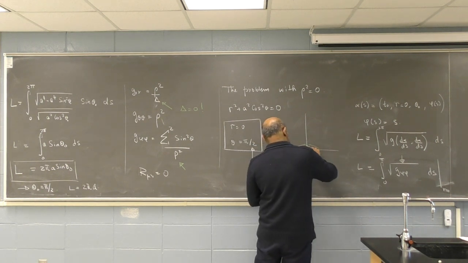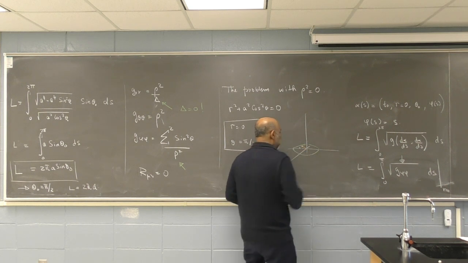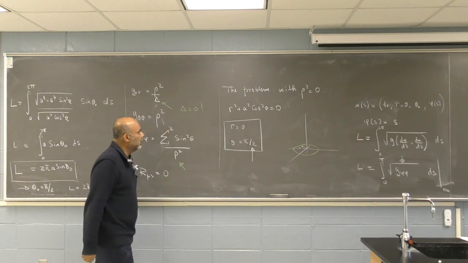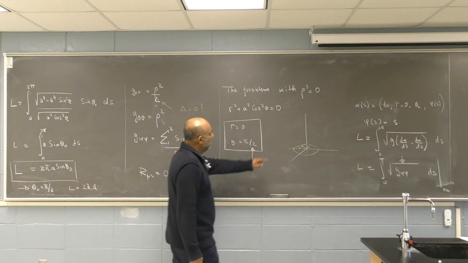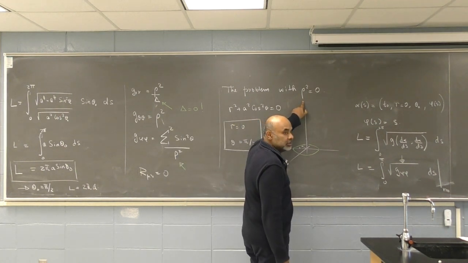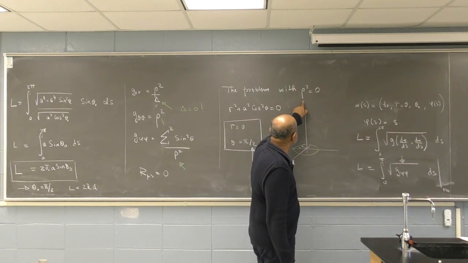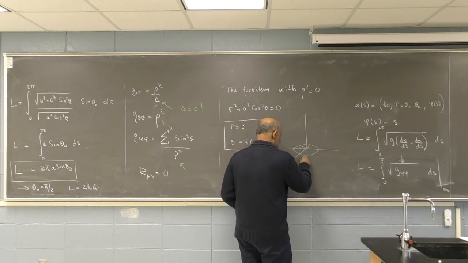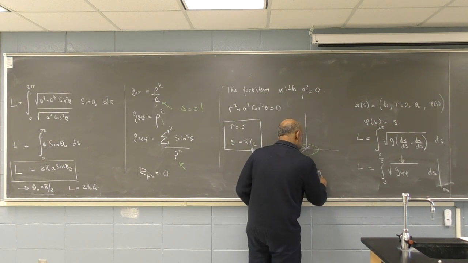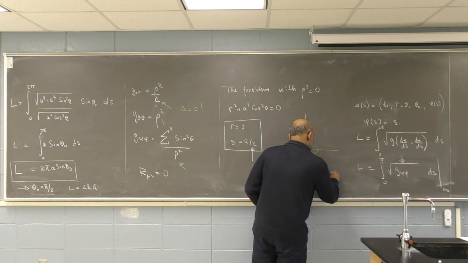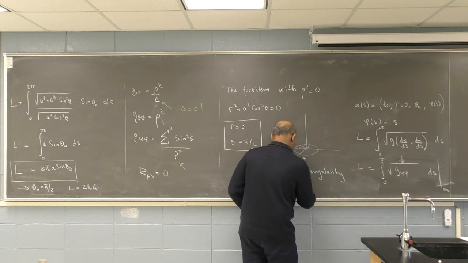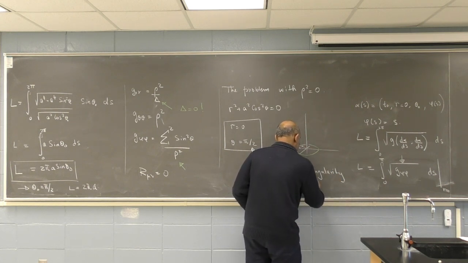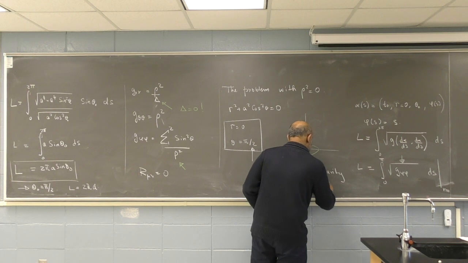It's a ring of radius a in the equatorial plane. So this, the singularity in the metric coefficient, is famously called the ring singularity of Kerr geometry.